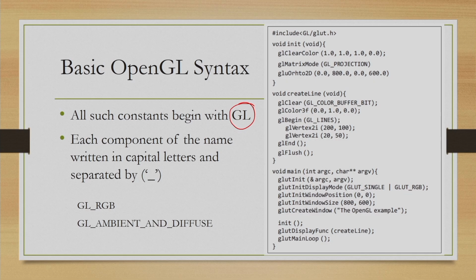Each component of the name is written in capital letters and separated by an underline symbol, as we have seen in the case of GLUT constants as well, like GL underscore RGB, GL underscore AMBIENT underscore AND underscore DIFFUSE, where everything is in capital separated by underline.